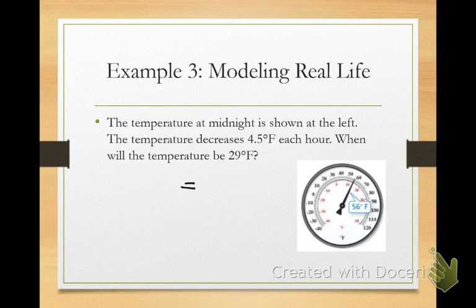If the temperature starts at 56 degrees and you need it to end at 29 degrees, you must subtract them to figure out how much it dropped. Okay? And the reason you need to figure out how much it dropped is because you have to figure out how many hours it will take to end up at 29 degrees Fahrenheit when it decreases 4.5.